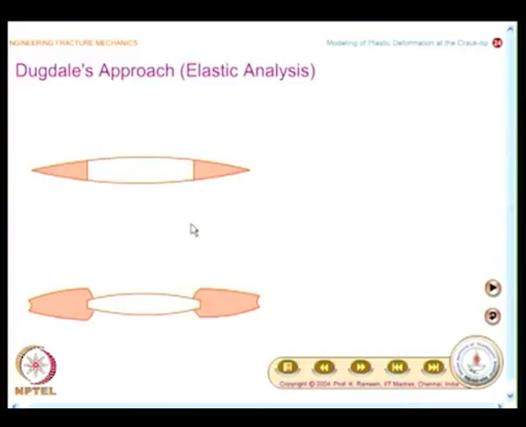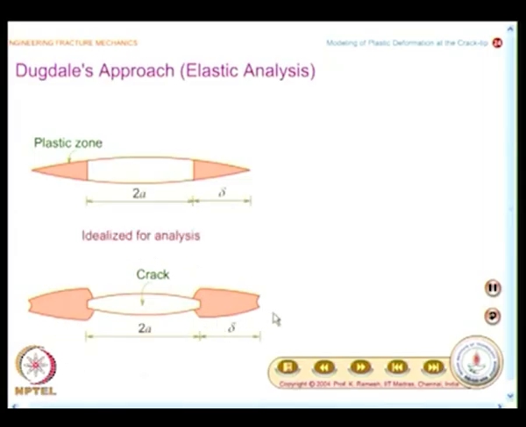Now, we will take up the mathematical development of Dugdale's approach, and you need to make neat sketches of this, and one is an idealization of the crack, other one is the actual crack with the plastic zone developed.